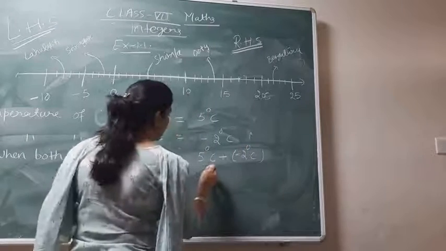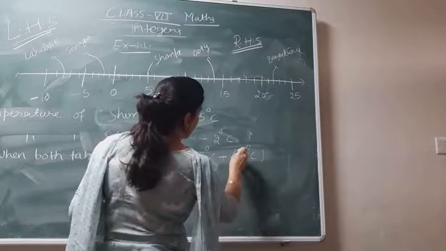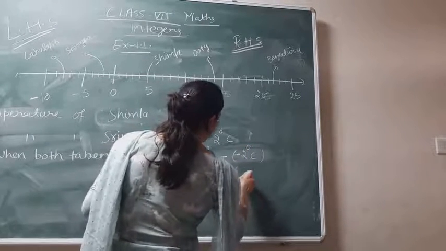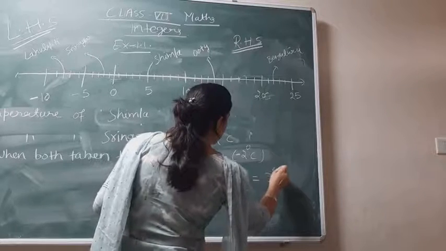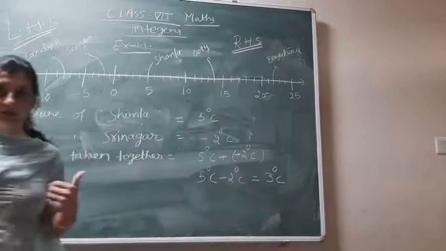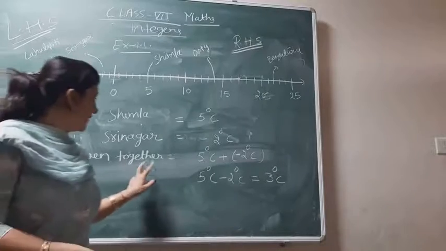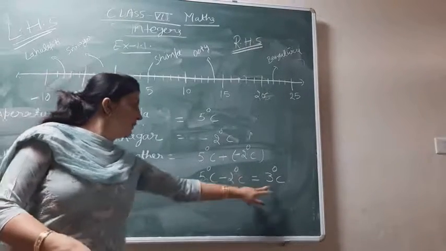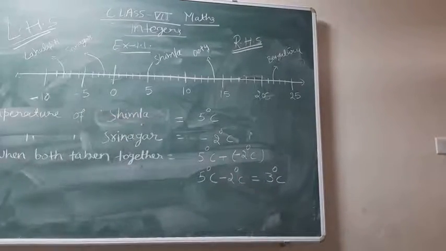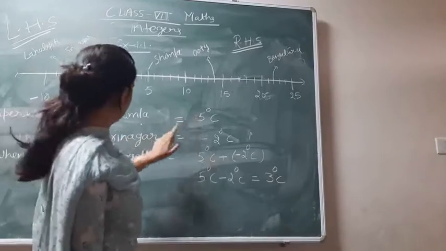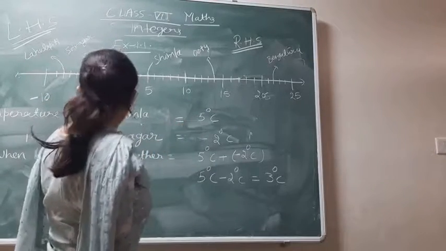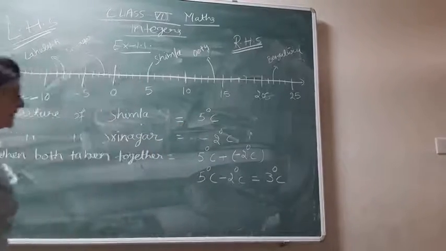It becomes minus and plus becomes minus 2 degrees Celsius, and our answer is 3 degrees Celsius. This is the temperature when these both are taken together: we come with 3 degrees Celsius. They ask, can we say the temperature of Srinagar and Shimla taken together is less than the temperature at Shimla? What is the temperature of Shimla? 5 degrees Celsius, and taken together it is 3 degrees Celsius. 3 is less than this.